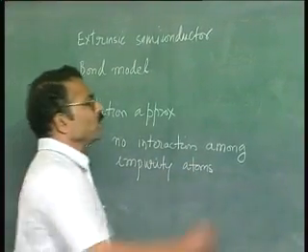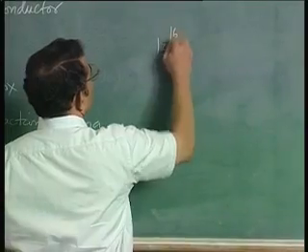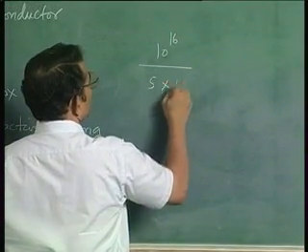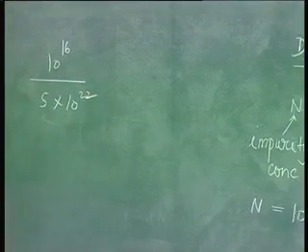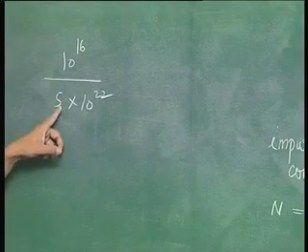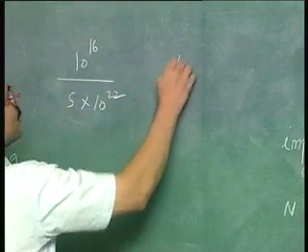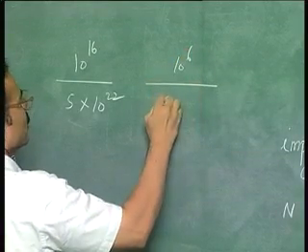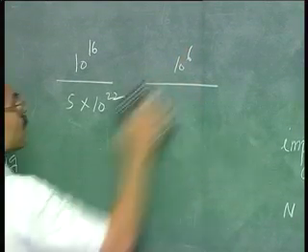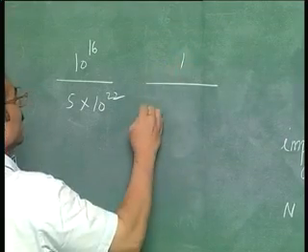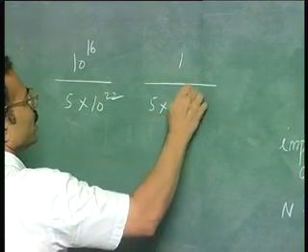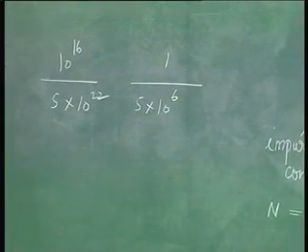For example, if you take 10 power 16 as a doping, that is 10 power 16 impurity atoms in 5 into 10 power 22 silicon atoms, which means one impurity atom for every 5 into 10 power 6 atoms of silicon. Okay.